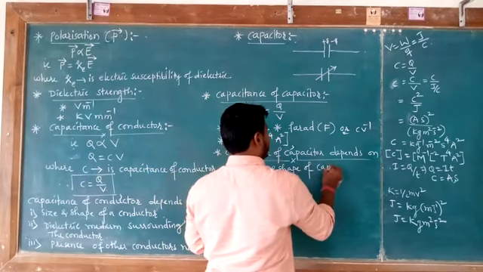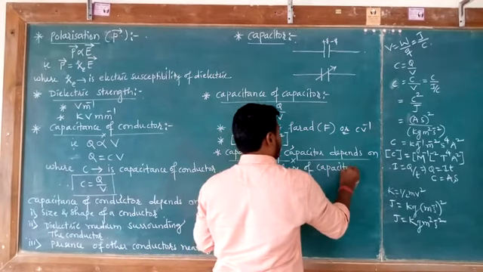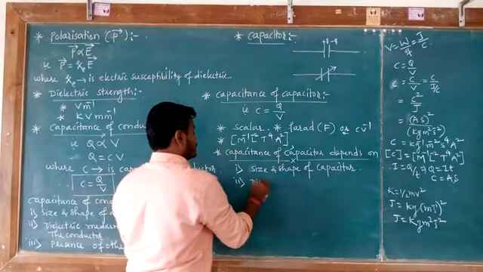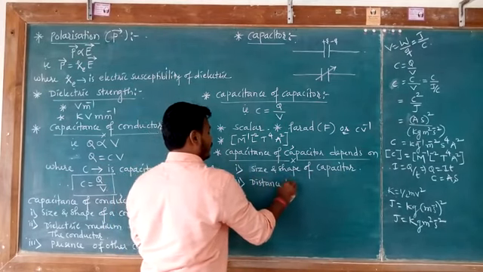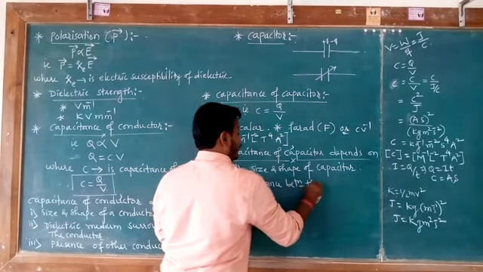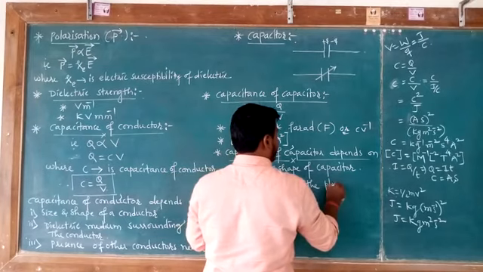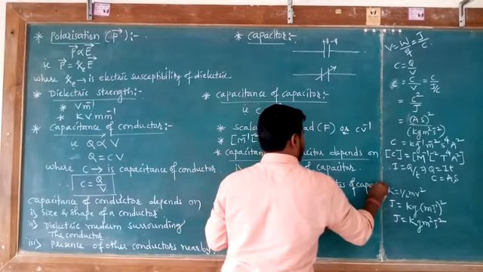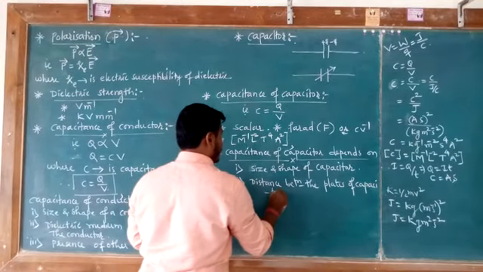And the second one is the distance between the plates of capacitor.